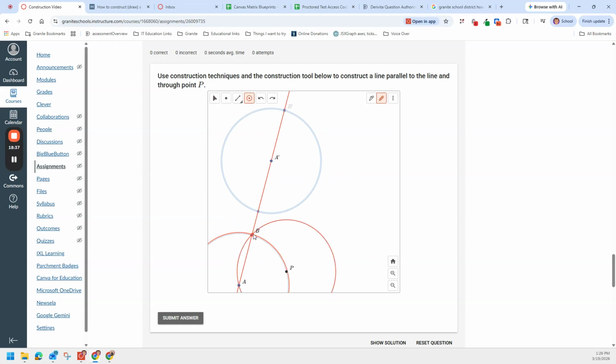So from B to P, let's duplicate that, so that this is going to go from B to P.